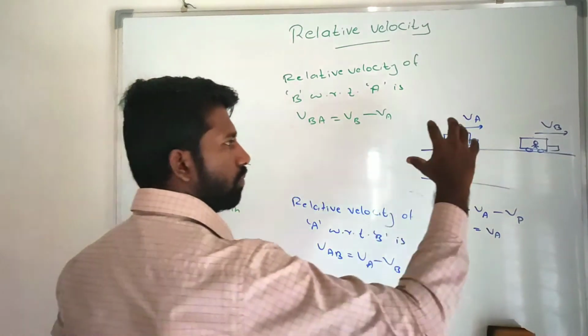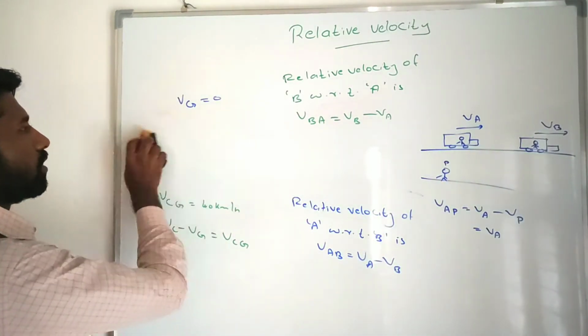If B is moving in the opposite direction, what about the relative velocity?